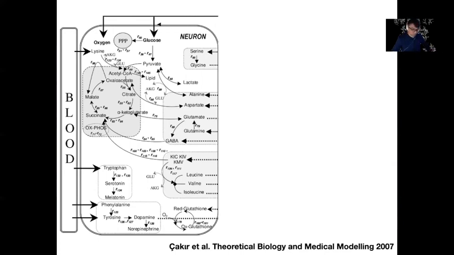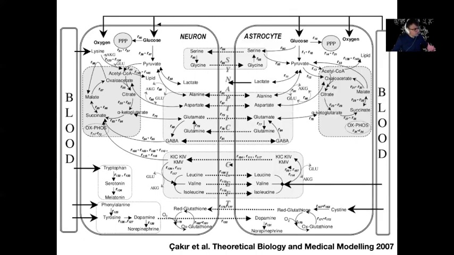However, more recent work, thanks to the enlightening research of Marian Diamond, pushed people to investigate more the role of glial cells. And as you can see, the biology and chemistry of those cells is of equal complexity. It's really an interaction between neurons and glial cells that is key to the functioning of the human brain.